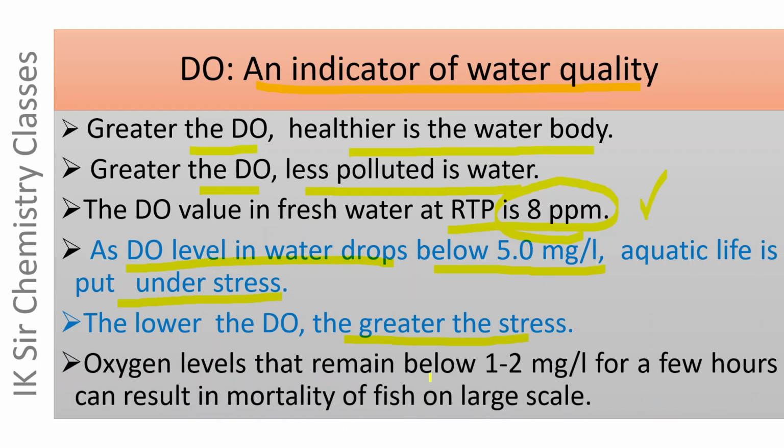Oxygen levels that remain below 1 to 2 milligram per liter for a few hours can result in the mortality of fish on large scale. It means if the DO value in a water body remains below 2 ppm for a few hours, the fishes will die.